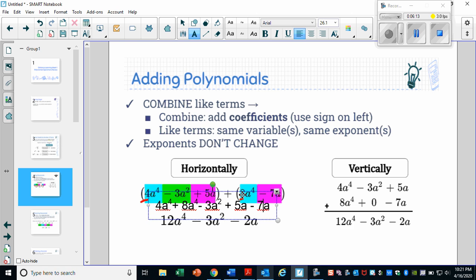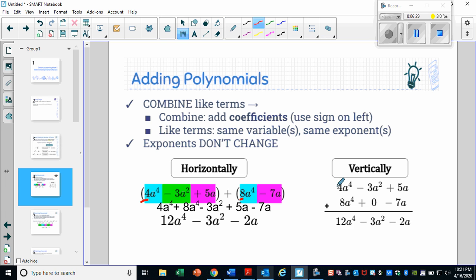What we need to do is look at this plus sign between the two sets of parentheses, that tells us we are adding polynomials. Again, I cannot stress enough, when you see this plus sign, you add your polynomials.